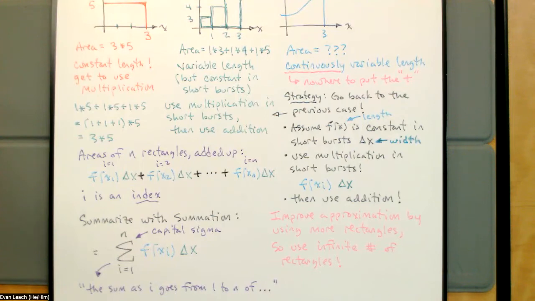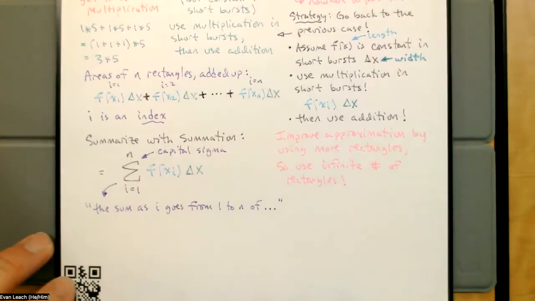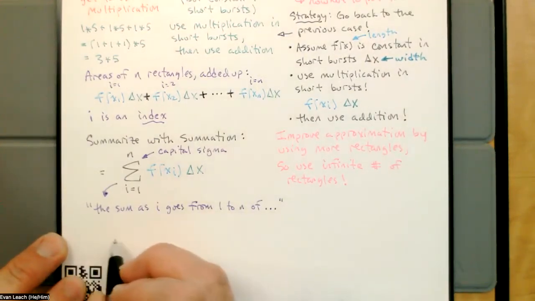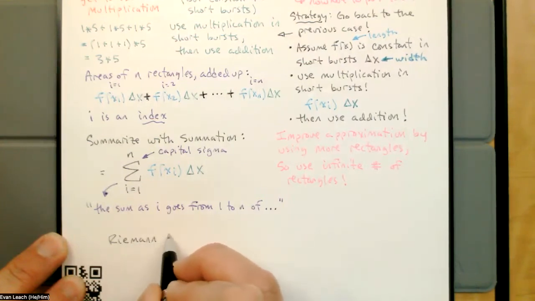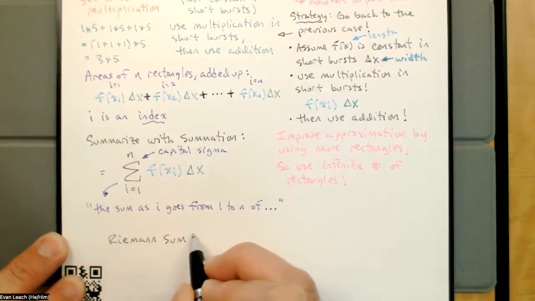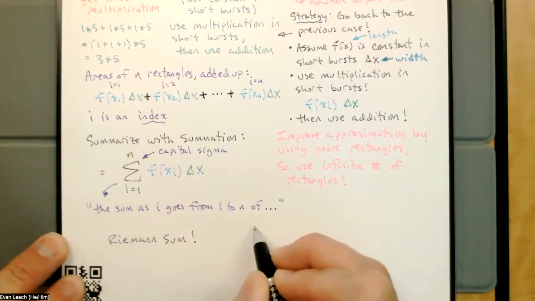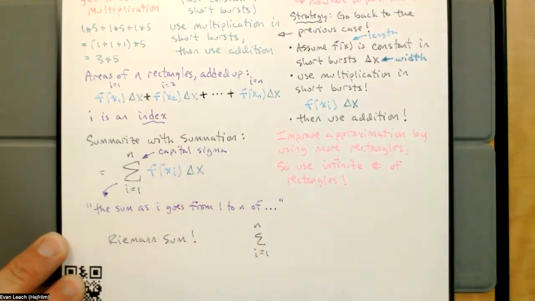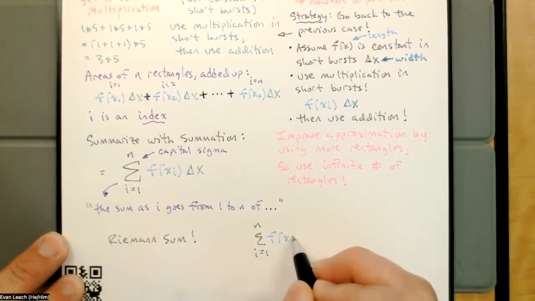So what we're going to do is take our approximation and give it the exact value by making a Riemann sum. Now it looks the same, but we just add the calculus part to it.